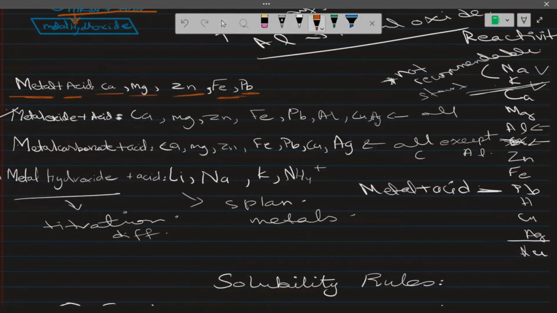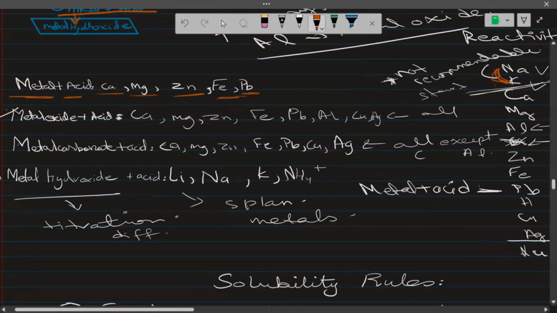In this, we see that these top two we don't react directly with an acid. Why? Because it's not recommendable, because it is too reactive. We cannot do it in a lab because it explodes. Hence, we don't do it in the lab.